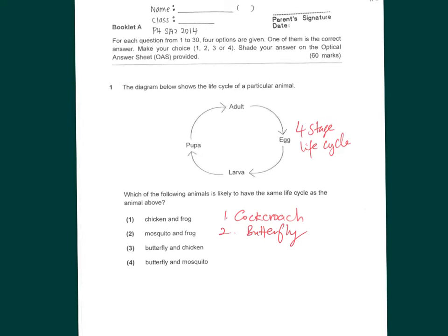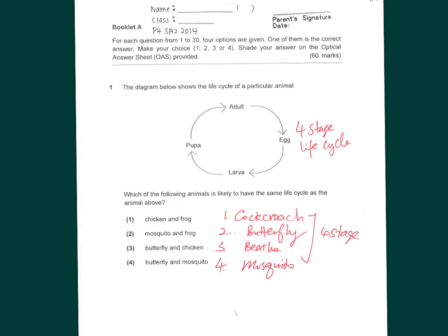Number 3, the beetle, or sometimes we call it the mealworm beetle. And number 4, the mosquito. All these 4 animals, you have to be very clear that they have 4-stage life cycles.